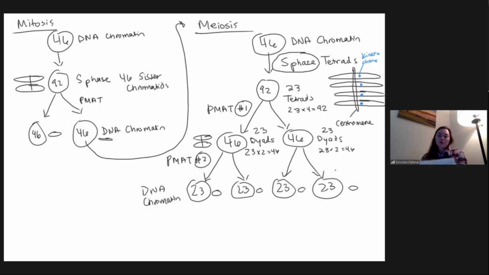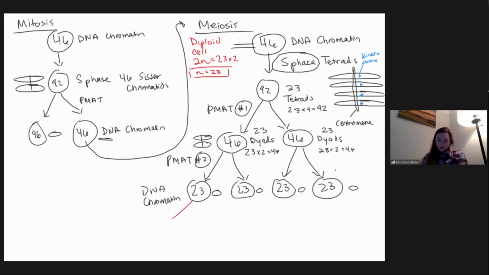So we're going to go through what happens in each of them, and then the different terms you would need to know for testing. This first starting cell is the diploid cell. So a diploid cell, we can abbreviate that 2N because it has 23 times 2, and N equals 23.